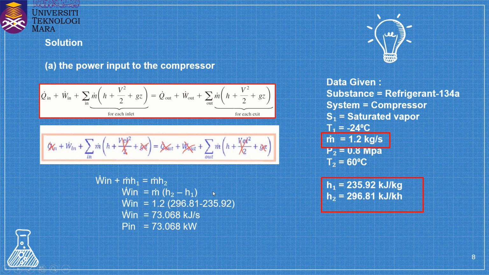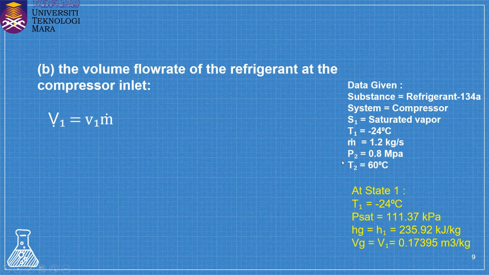After we substitute all the values and calculate, we get the power input to the compressor. The final answer is 73.068 kilowatt.